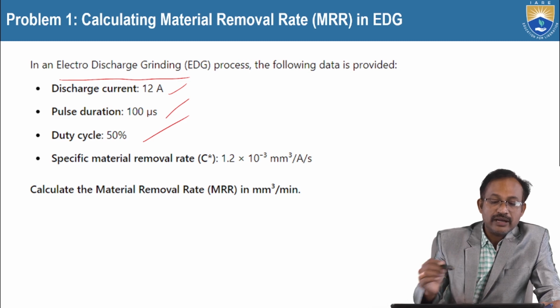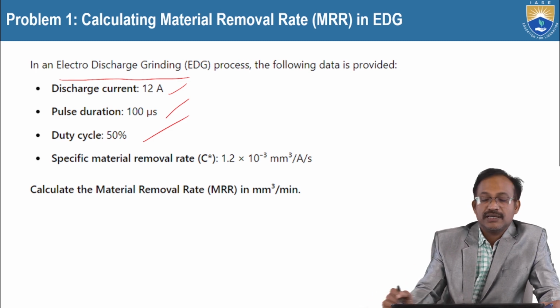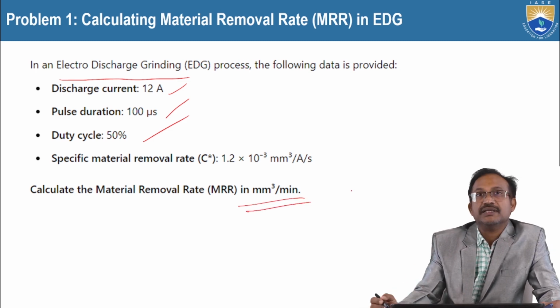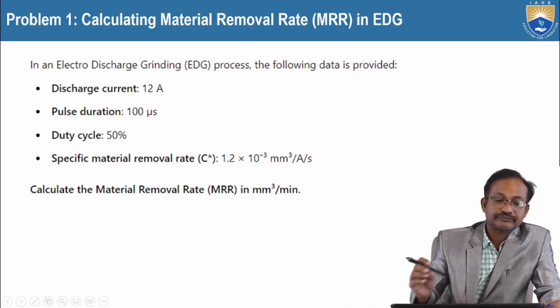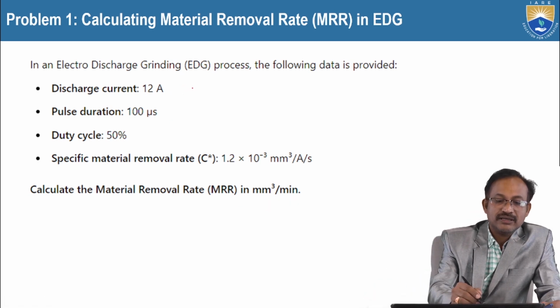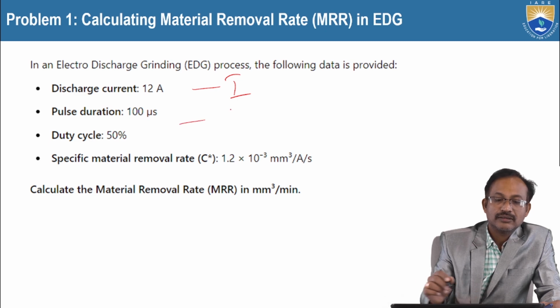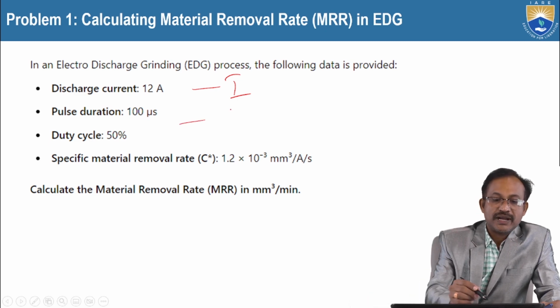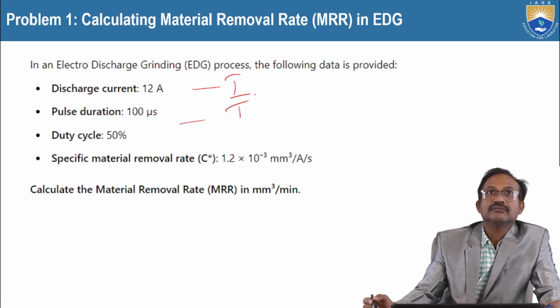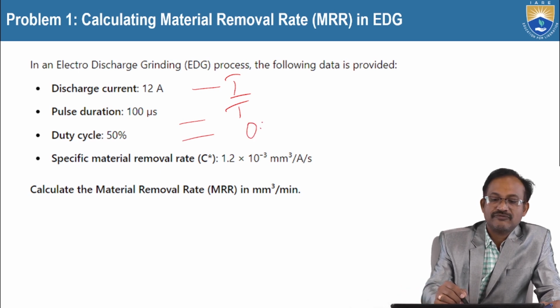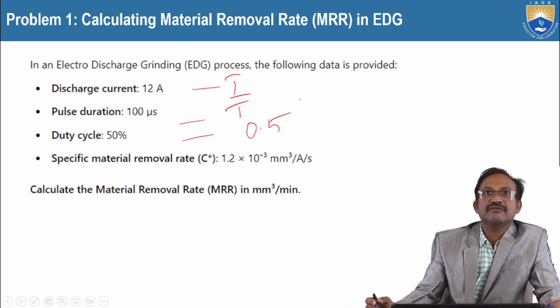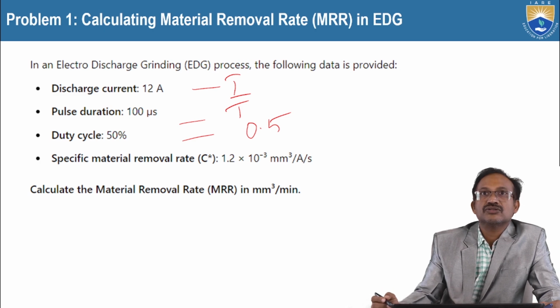Now calculate the material removal rate in mm³ per minute. So this is the given data: I is given, pulse duration time is given, duty cycle 50%, that is 0.5, is given, and C star is also given.